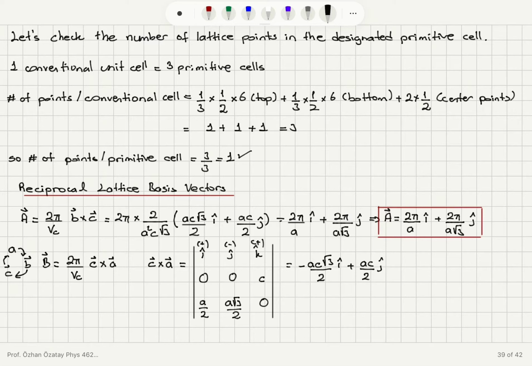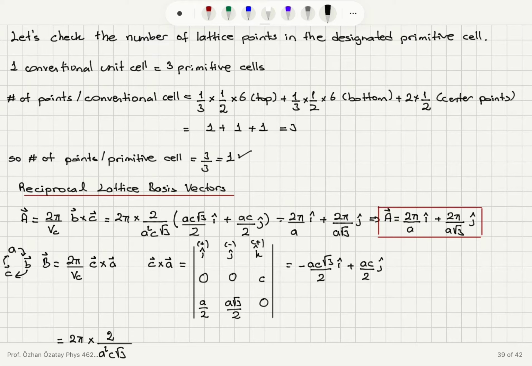And then we can find the B vector. It is 2 pi times 1 over the volume of the conventional cell, which was the primitive cell, 2 divided by a square c square root 3. Then I have to take the cross product.